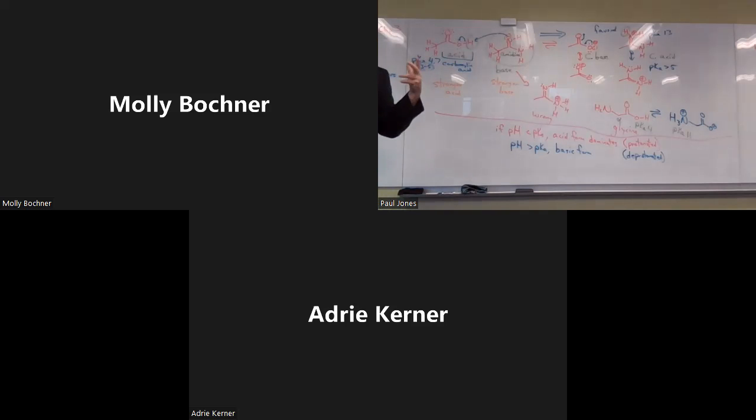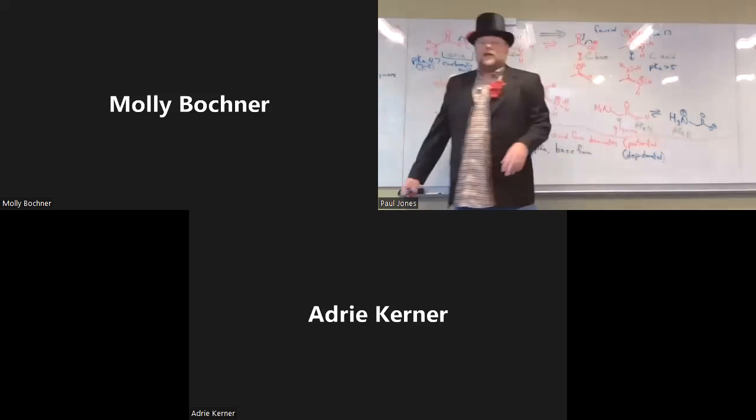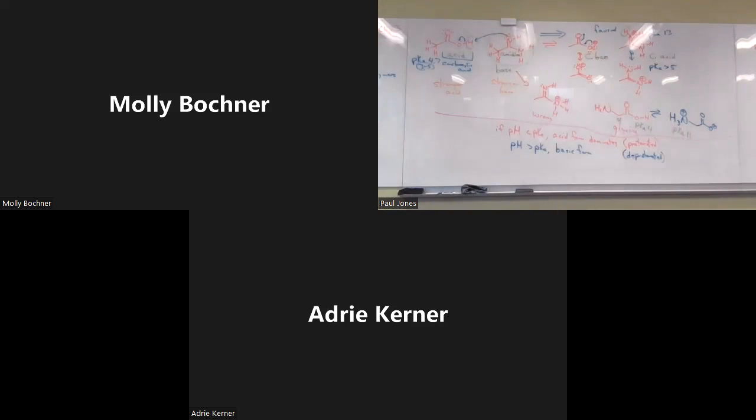As the pH gets closer to the pKa, you have more of the minor form. The ammonium has a pKa of 11. At pH 1, you have 1 deprotonated amine for every 10 to the 10th ammonium. That's nothing.